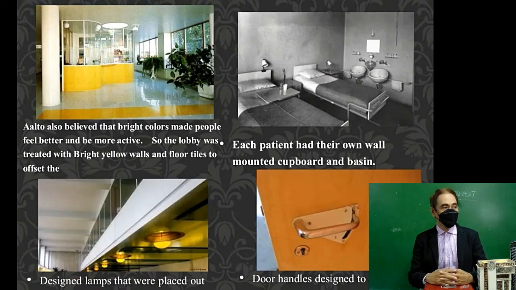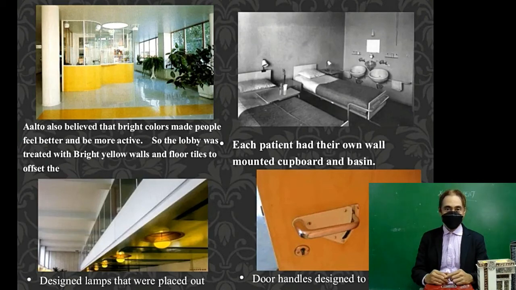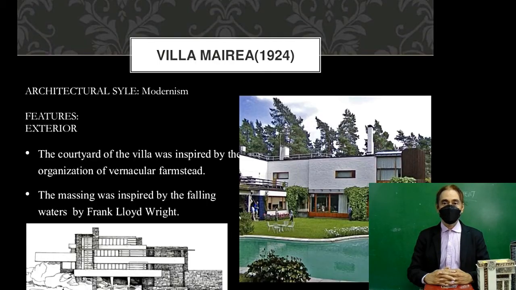Aalto also believed that bright colors made people feel better and more active, so the lobby was treated with bright yellow walls. He really likes colors close to yellow, like orange. Door handles were designed to prevent coat sleeves from being caught in them.